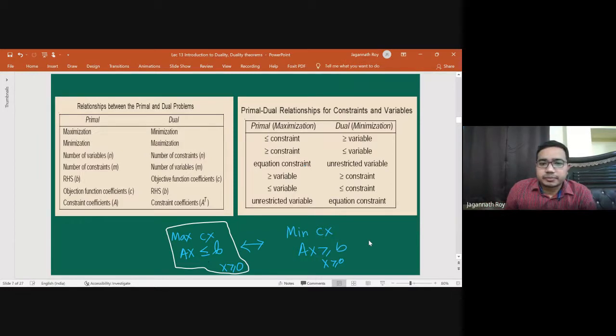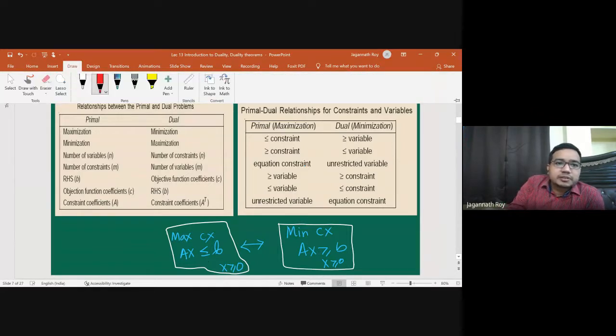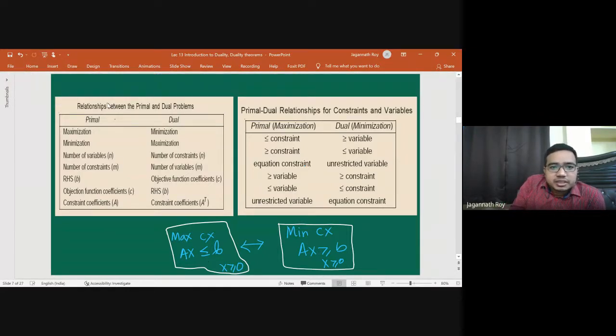Right. So this relation is telling the relationship between the primal and the dual problem. The first summary tells the relationship between the primal and the dual problem. If the primal is a maximization, then the dual will be minimization. If the primal is minimization, then the dual will be maximization. The number of variables of the primal will be the number of constraints of the dual.